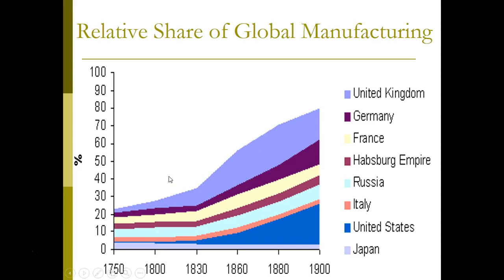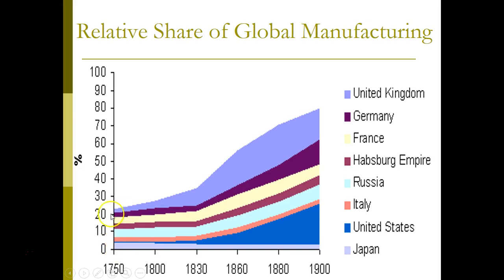Finally, the biggest thing about this I want you to understand is what's not here. So let's take Japan out of this equation, okay? If we have the colony in North America, these are European states, and they're roughly at about 20% of the global manufacturing output. And Japan's about 4%.